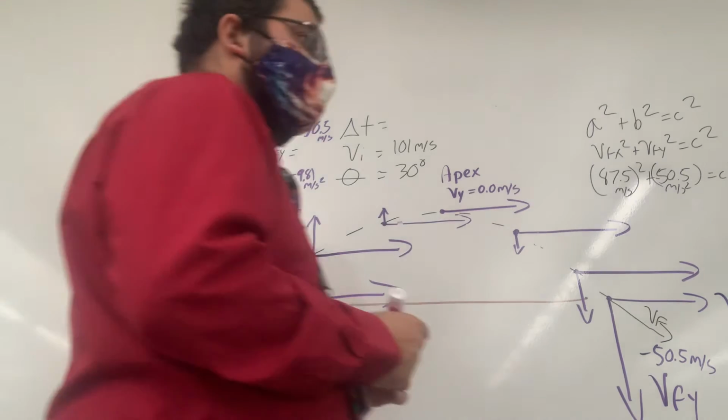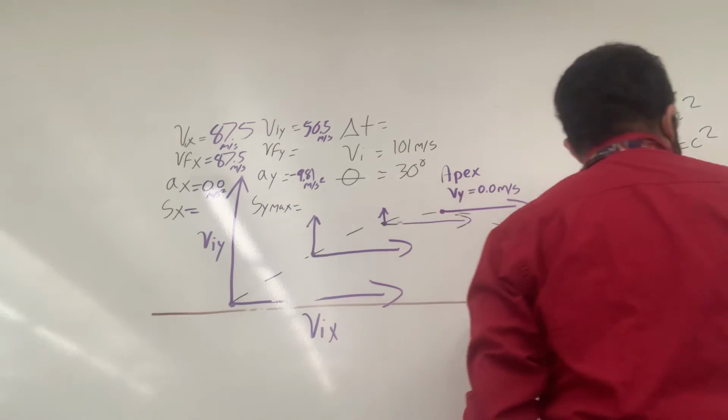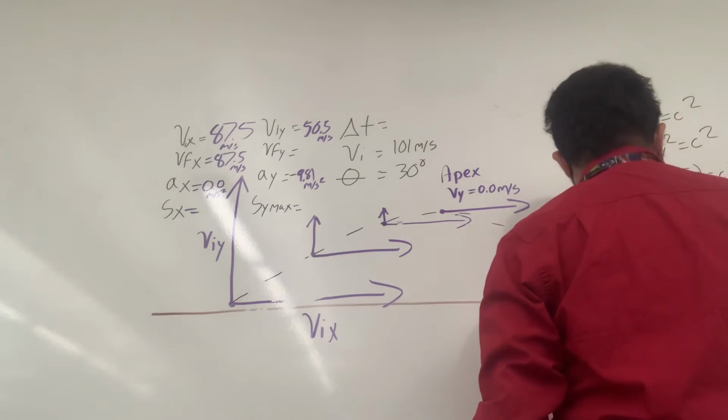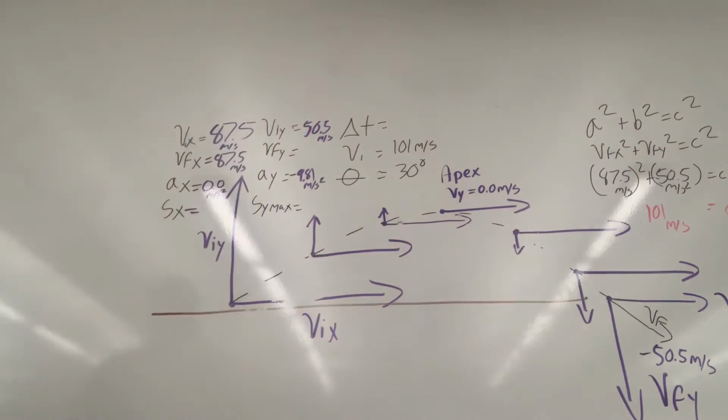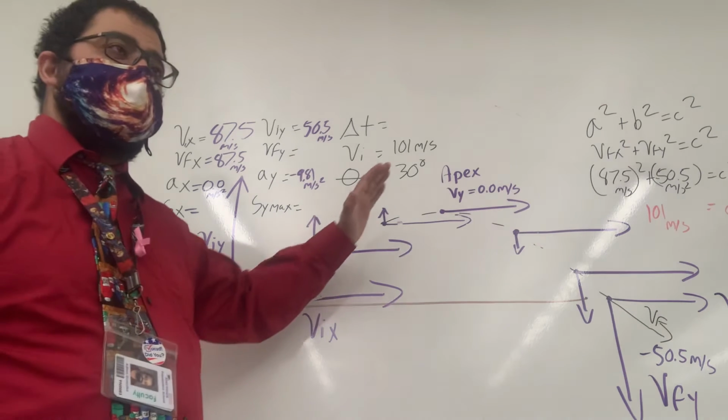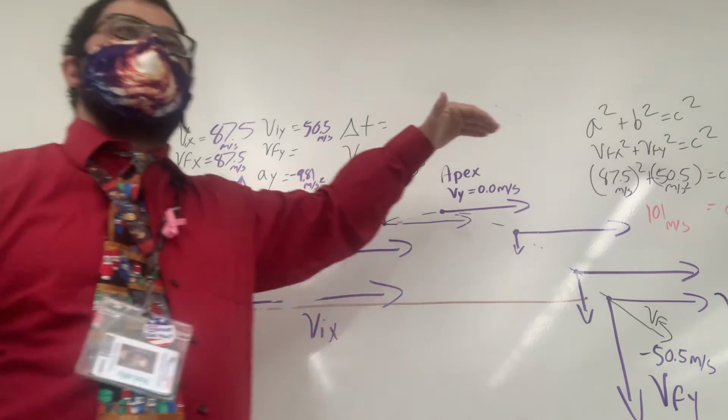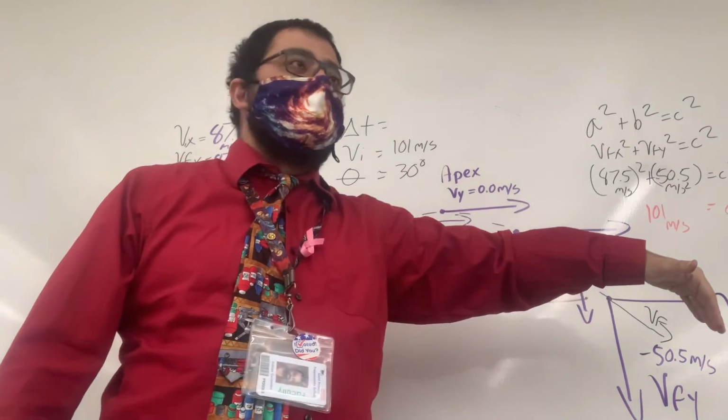Nicholas, what do you get? It's the same as the initial velocity. Which is? 101 meters per second. How many people got 101? Why do you get that? Because you take off from here and go up to a certain height, and then you come back down the exact same height.